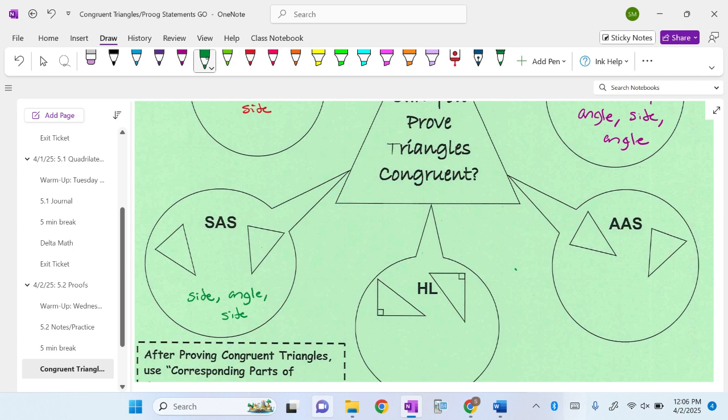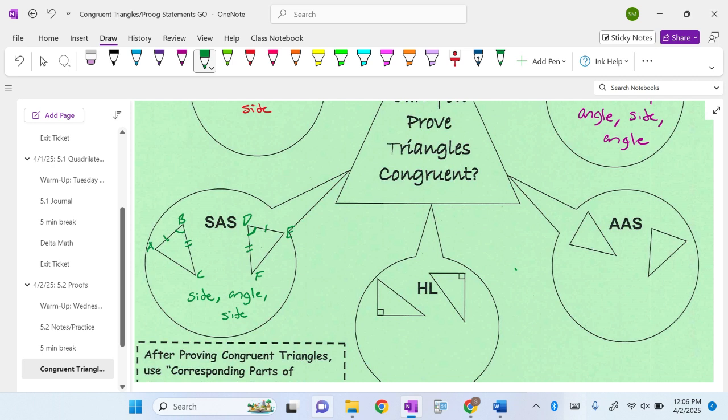So my 2 sides again, A, B, C, D, F, E. Let's say this angle was congruent to this angle, and then they had this side in common and this side in common. So that would be these 2 sides. So in other words, the 2 sides are the sides that make up that angle in between them. That's another way to remember it.